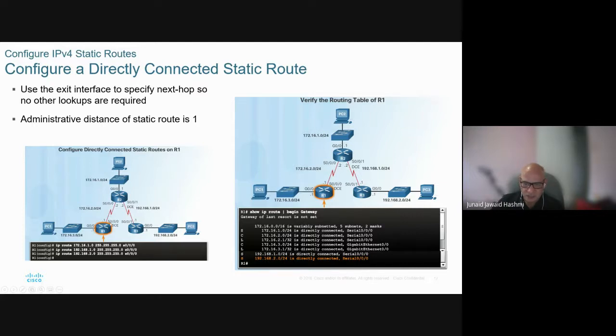So you see it's S0/0/0. So instead of an IP address, you can just use the name of the interface. But if you're using the name of the interface, it has to be your own interface, not the next hop. So remember, if you're using the IP address, you're using the IP address of the next hop.